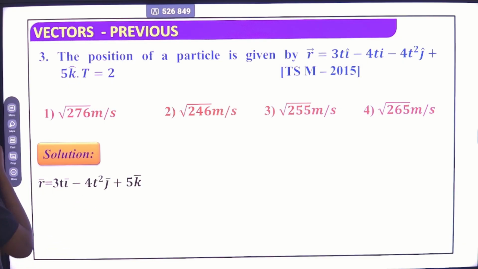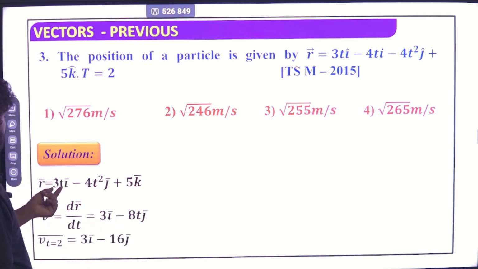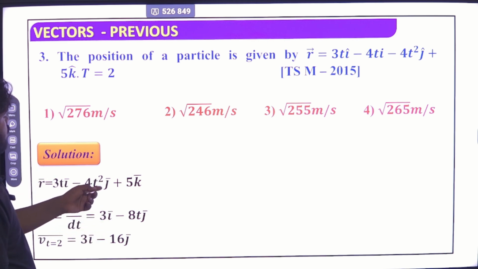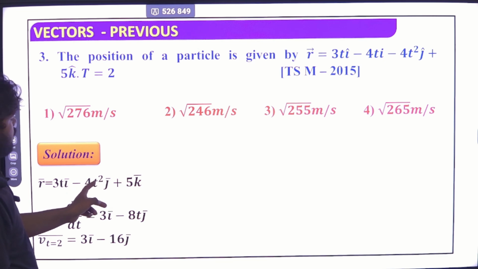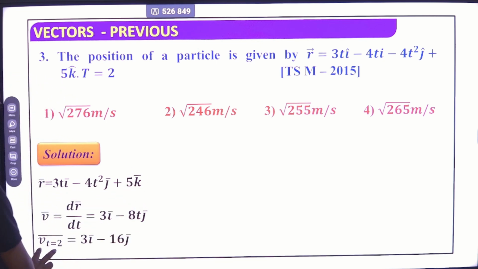Say this is my r, and my v is dr by dt, so just differentiate this. The differentiation of 3t is 3, so that is 3i, minus t square differentiates to 2t, so that is 4t, j, and the last term becomes 0. Now I have to find v at t equal to 2.